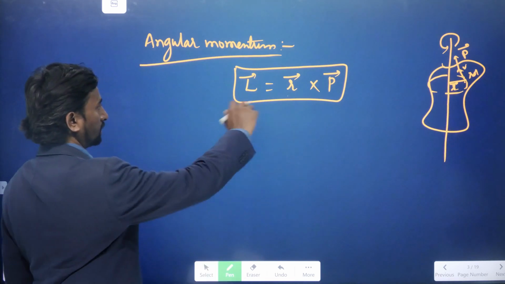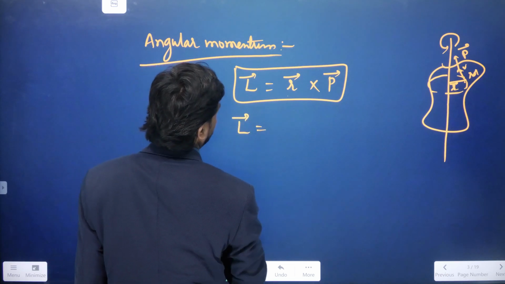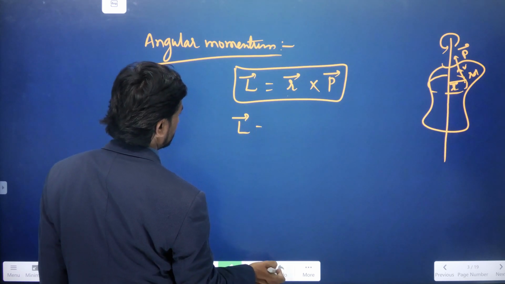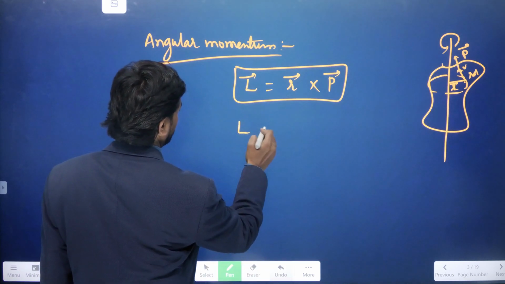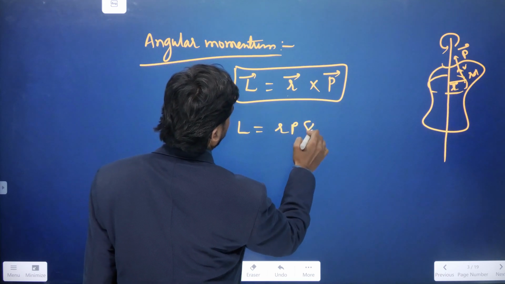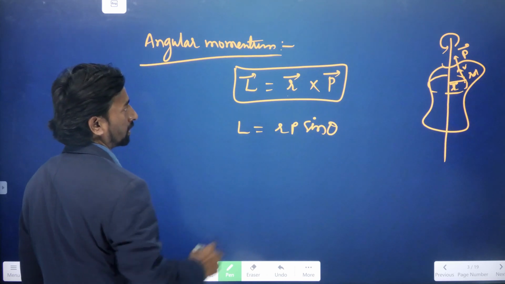Now if we write it in scalar form, L is equal to R P sin theta, because it is a cross product.